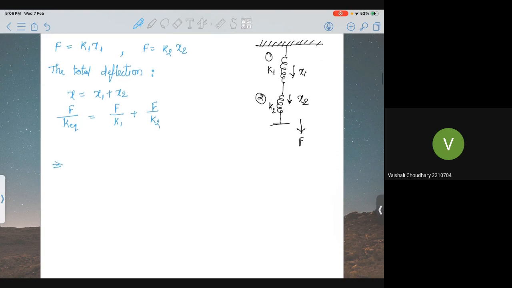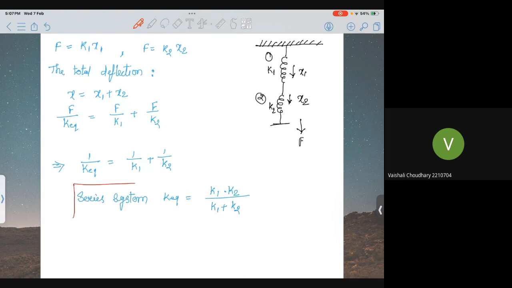We can write it as 1 upon k equivalent is 1 upon k1 plus 1 upon k2, and we can write it as, in series system, k equivalent is k1 times k2 divided by k1 plus k2.